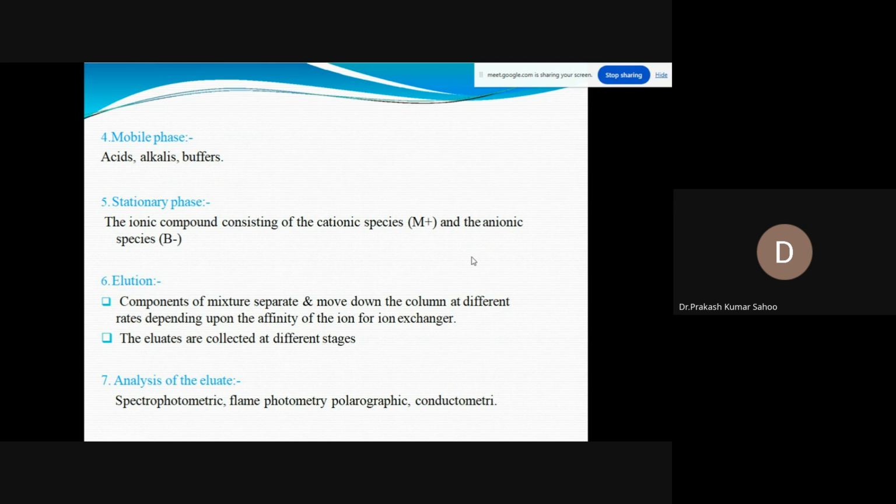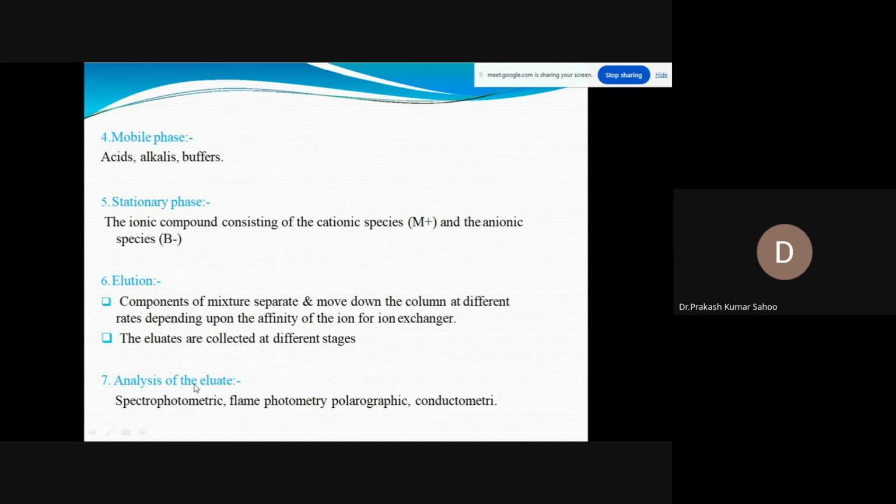Then the elution part: the components of the mixture separate and move down the column at different rates depending upon the affinity of the ion for the ion exchanger. This is very important, affinity. Depending upon the affinity towards the stationary phase, the different components get separated, and accordingly their partition coefficient or retention factor is calculated. The eluates are collected at different stages.